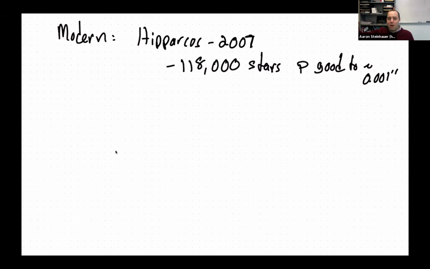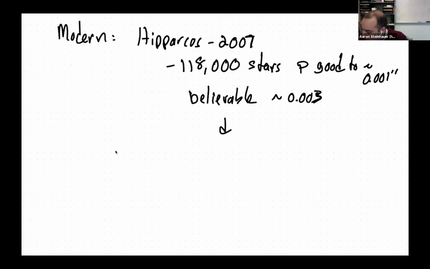So there are believable parallaxes in 2007 that are good to 0.003, which gets us to d = 1/p, about 300 parsecs away. We believe parallax angles from this out to about 300 parsecs.